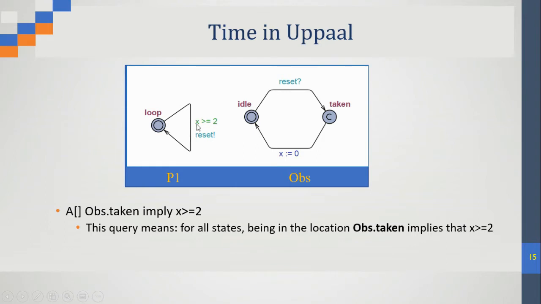Actually, here what we have is x greater than or equal to 2, right? So once you come here, once you take this transition, that means x should be more than or equal to 2. Here we don't add any time, so the time here is 0.